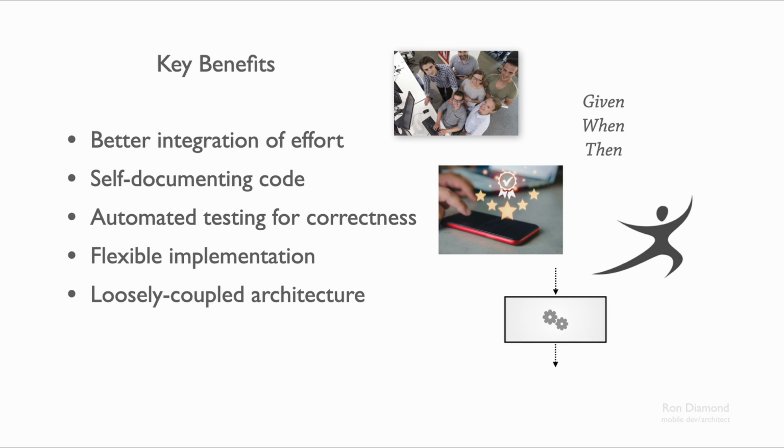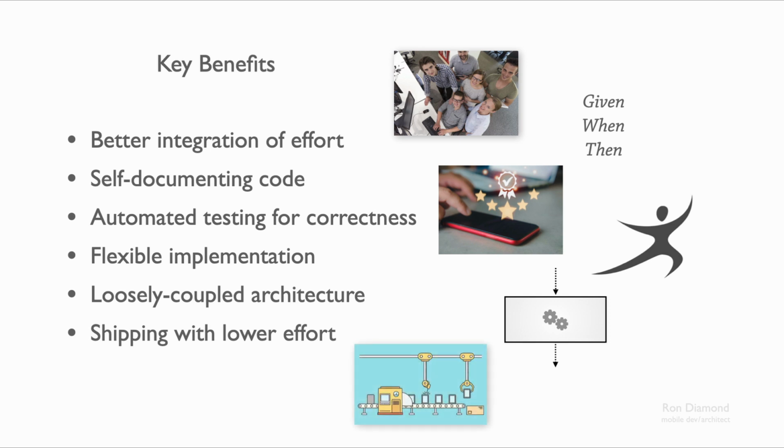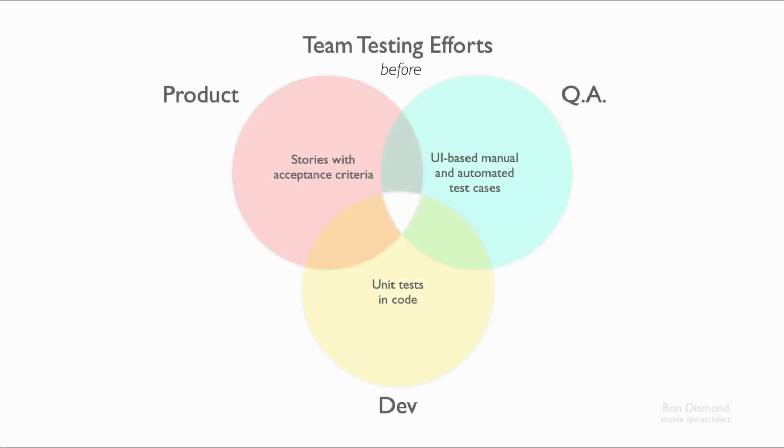And that decoupling includes the UI, so we can adapt our user-facing designs as needed. And with all these improvements, we can get that much closer to the ideal of, when the tests pass, we ship. And finally, here's a picture of what our testing efforts looked like before, and now what we have to look forward to.